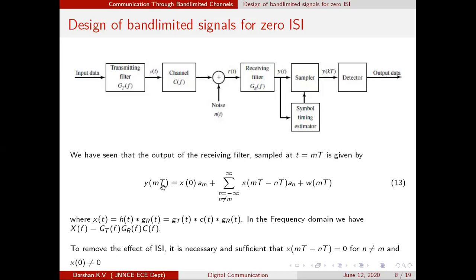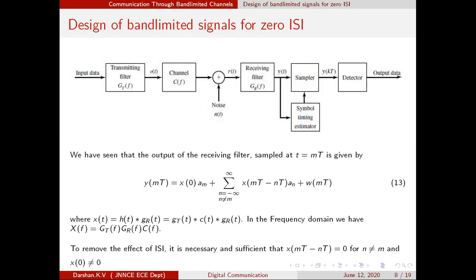See here, y of mT, this is where I am sampling the output. At that particular sample, along with the desired one, we are getting the undesired values. This undesired term will be called the ISI.